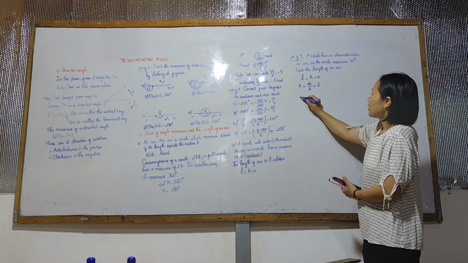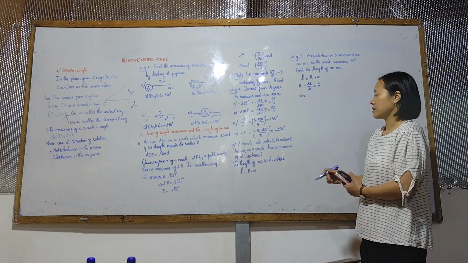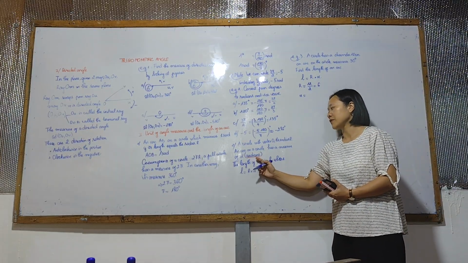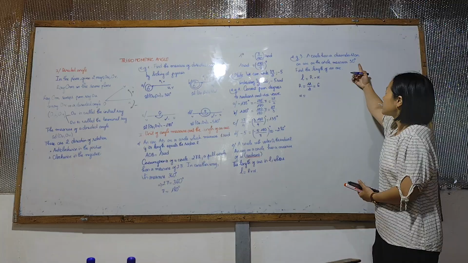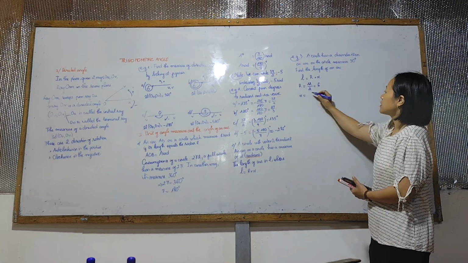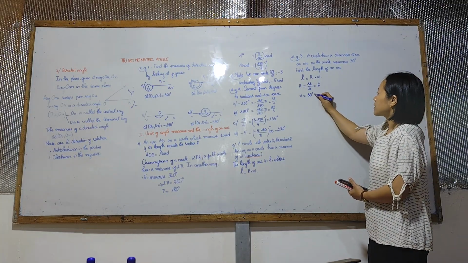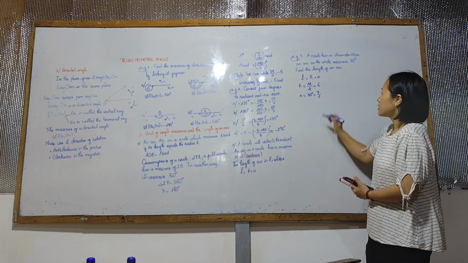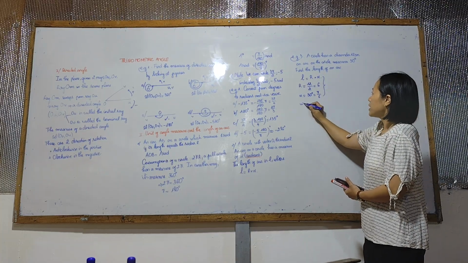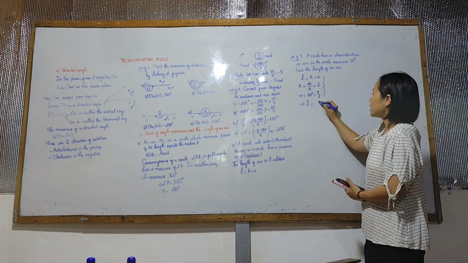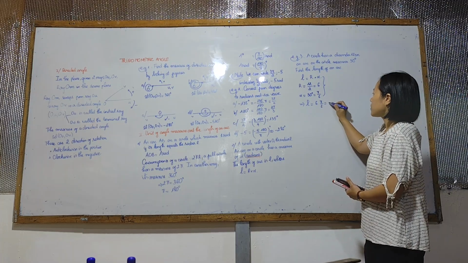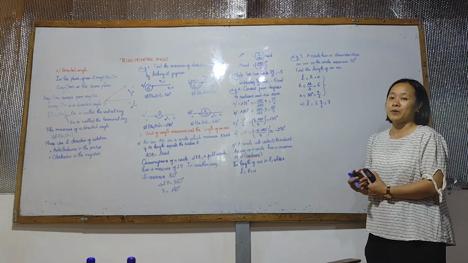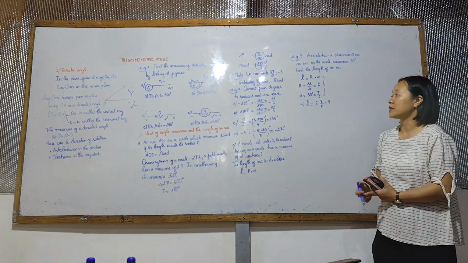And then we have to convert degrees to radians. 30 degrees equals pi over 6 radian. So we have L equals 6 times pi over 6 equals pi. Okay, do you understand?